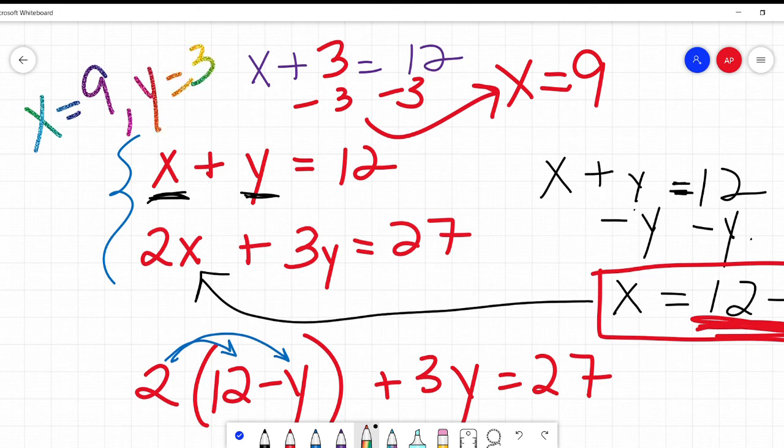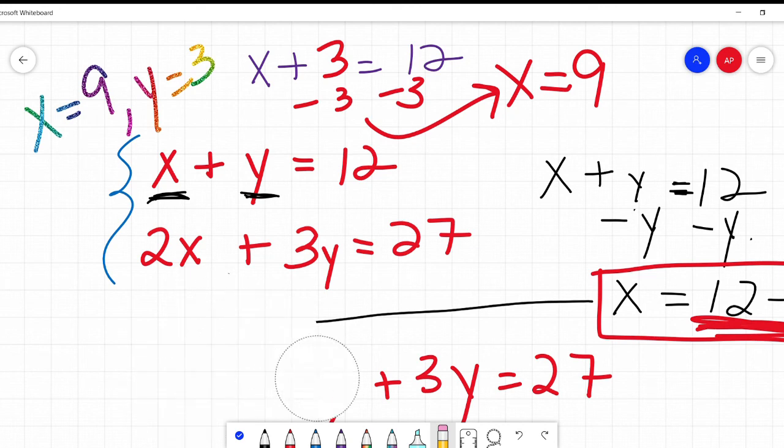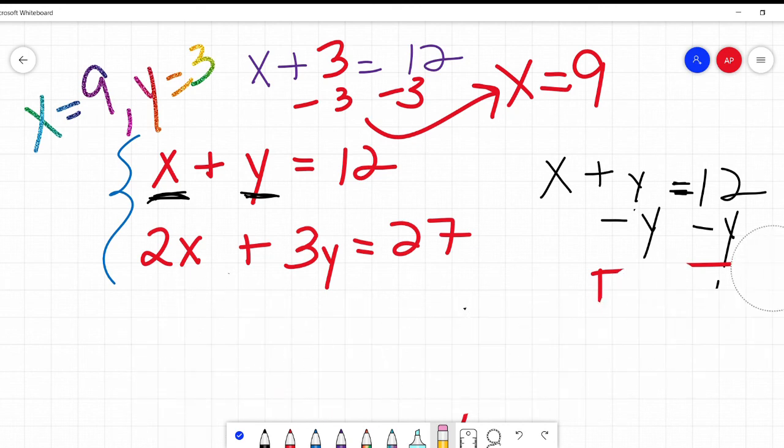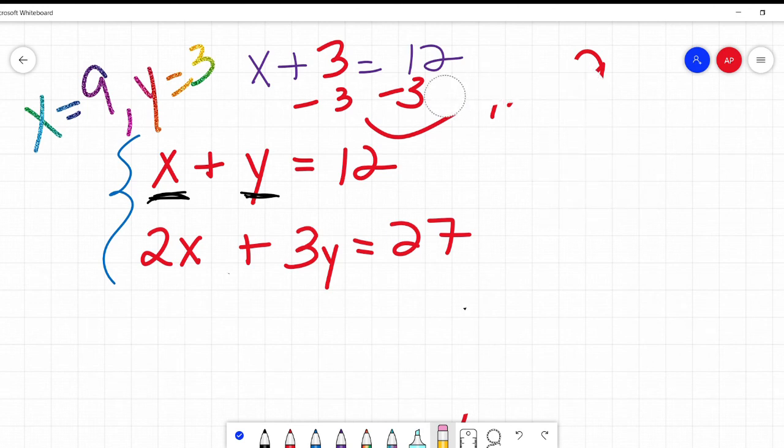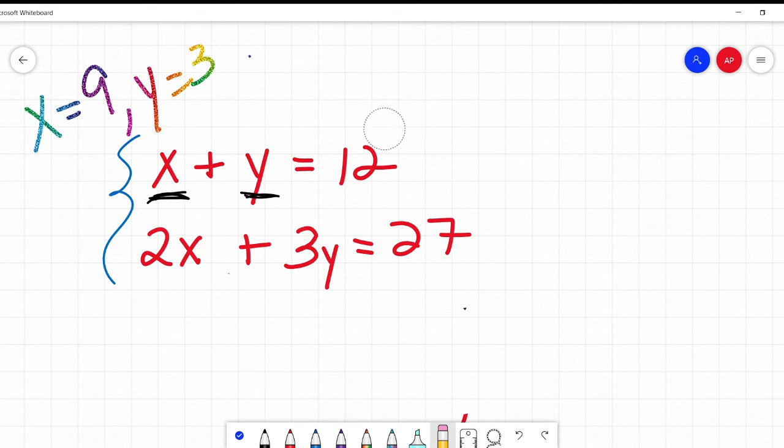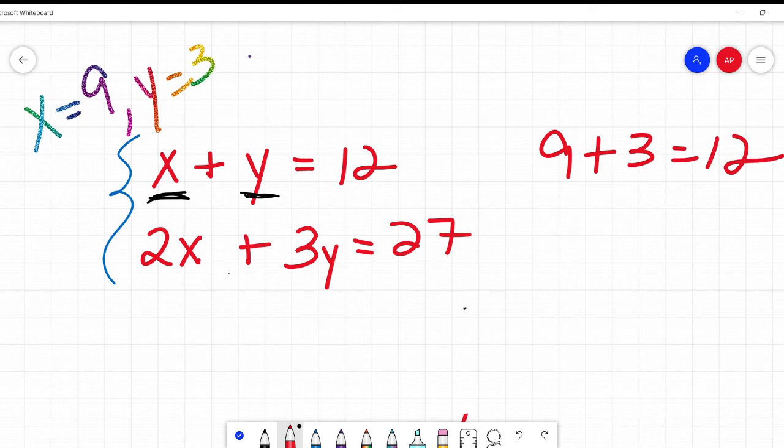Now let's see if this actually is the truth. I'm going to erase some of this so I can get a better look at what's going on, so it's just not cluttering my screen. Here we go. Okay, let's plug these numbers back in and see if it works. First, 9 plus 3 equals 12. Is that true? Why, yes it is.